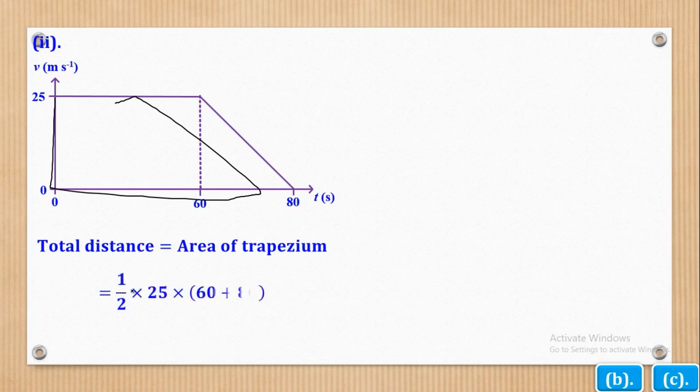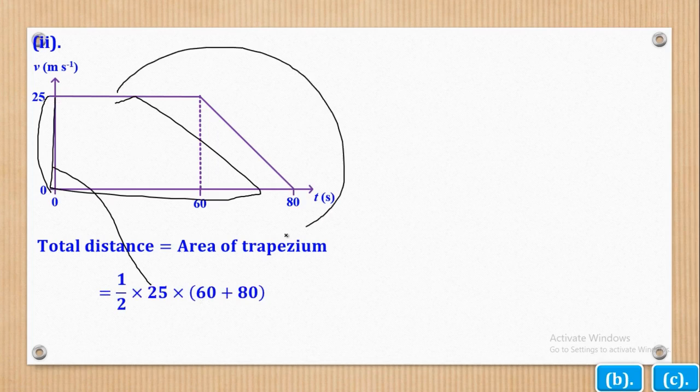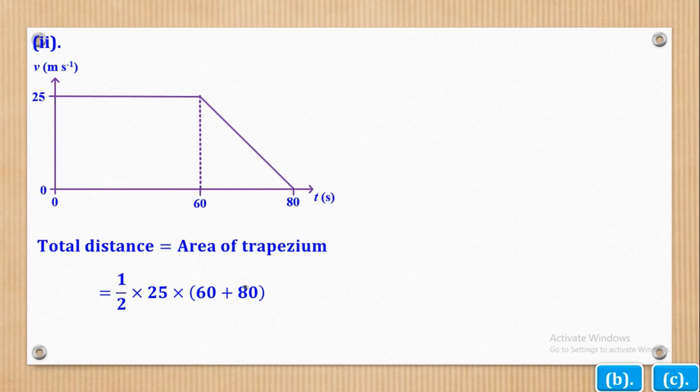It will be got by a half h, which is 25 here, multiplied by a plus b, where a can be this and b can be that. When you substitute using a calculator, you'll come up with 1750 meters. Most students confuse this word area to the unit here and put meters squared, but that is not okay. You have to remember that distance is measured in meters.